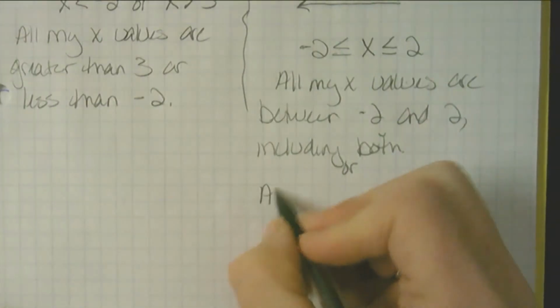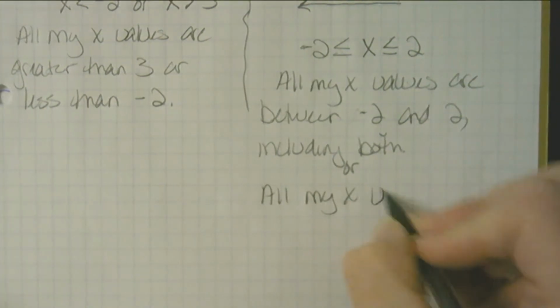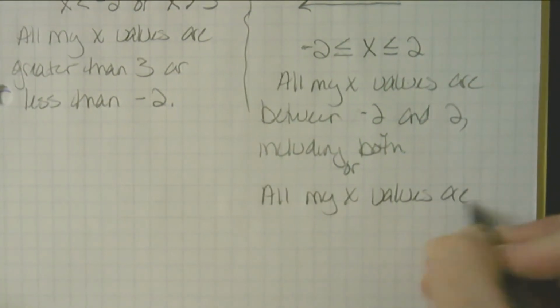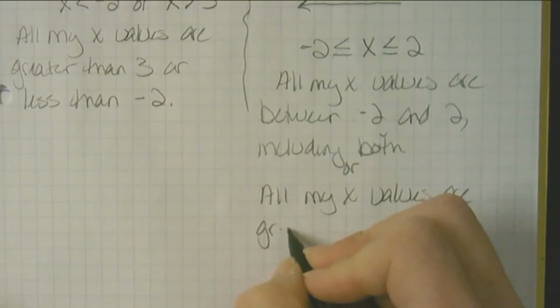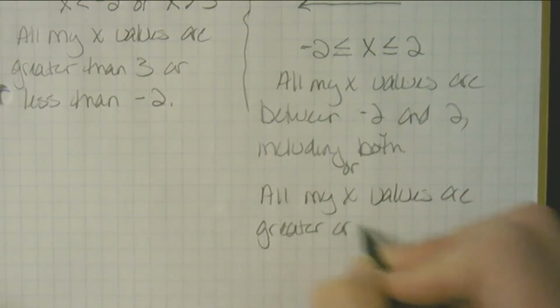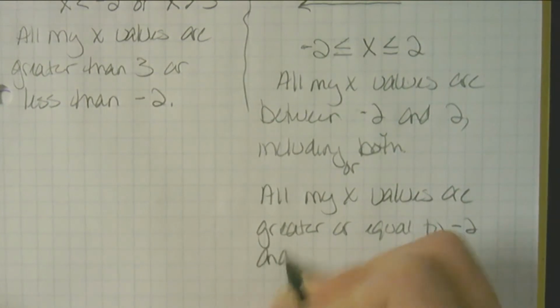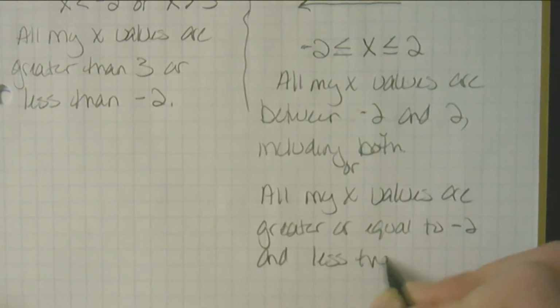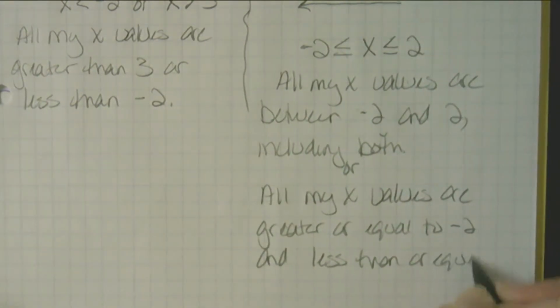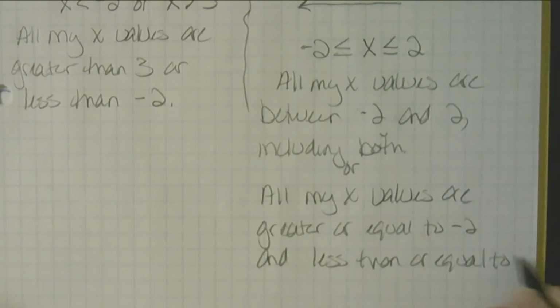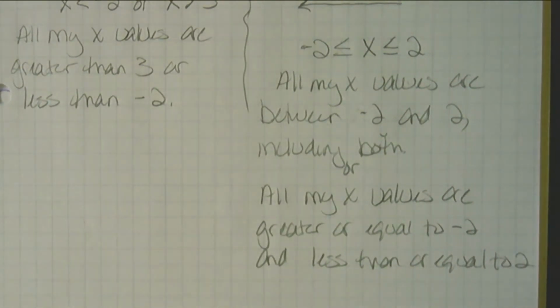Or I could say all my x values are greater than or equal to -2 and less than or equal to 2. Are you guys cool with those?